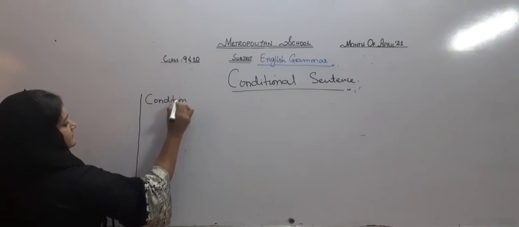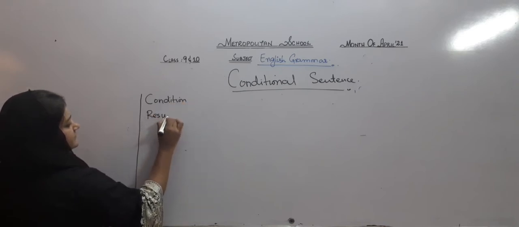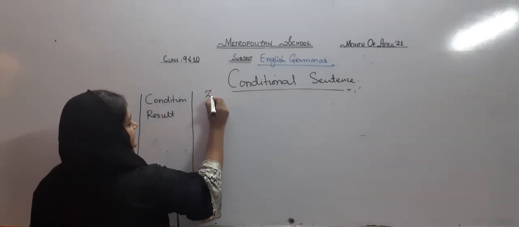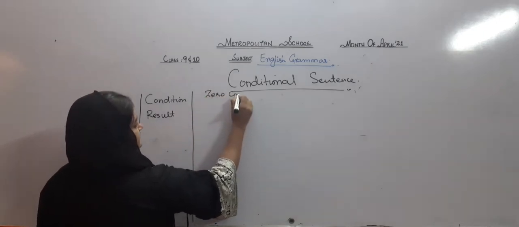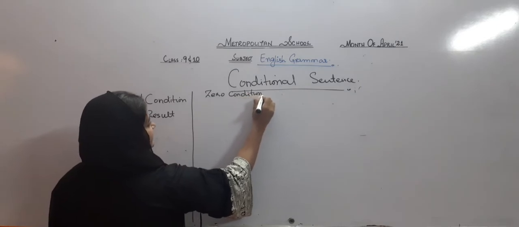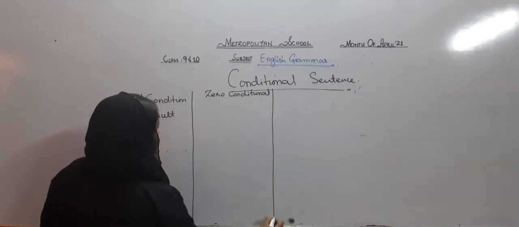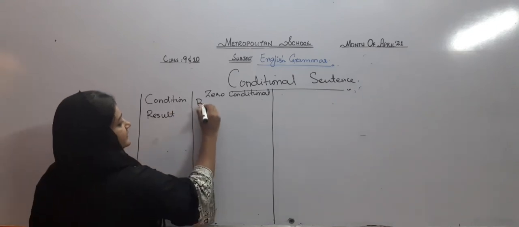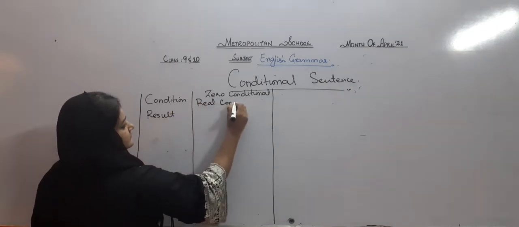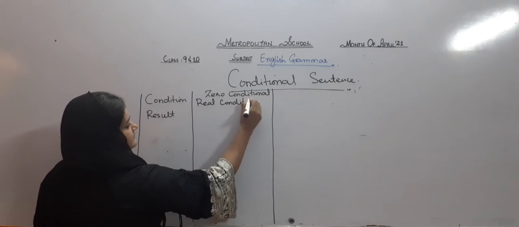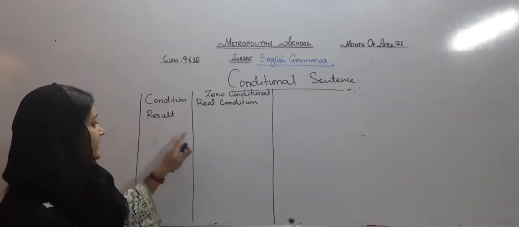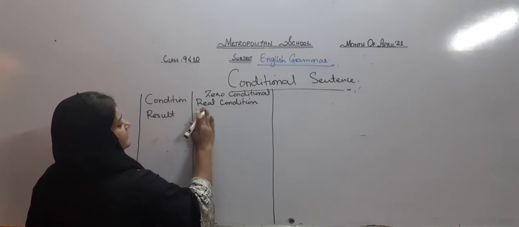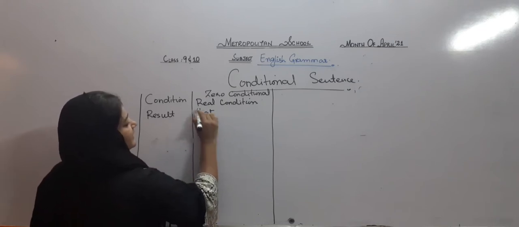If we talk about zero conditional sentences, what is the condition? The condition will be a real condition. It happens in real life, and the result always remains the same.